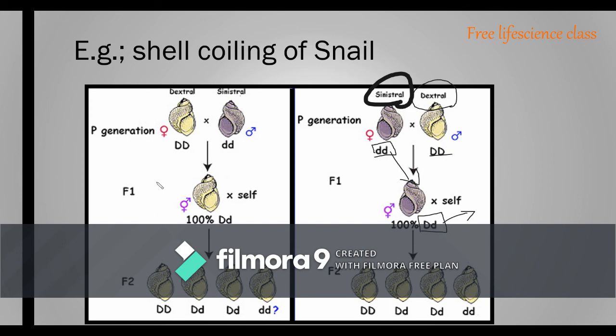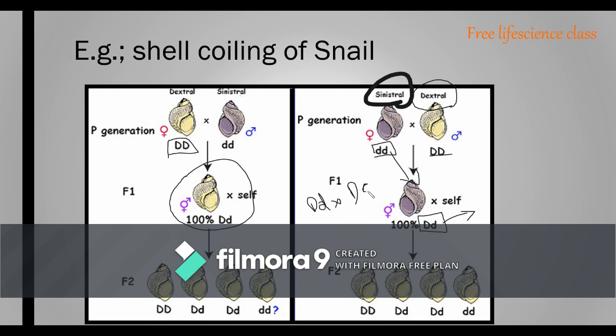Please look into this figure. Here you see the dextral type of coiling because here the mother has the dextral type of coiling. And after that, likewise we are going to self this one. Capital D, small d with again capital D, small d.